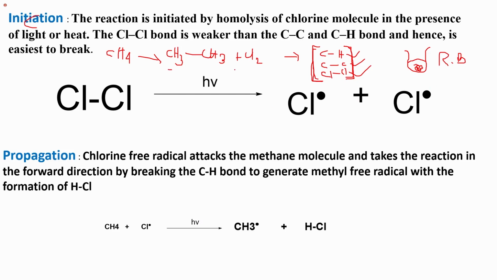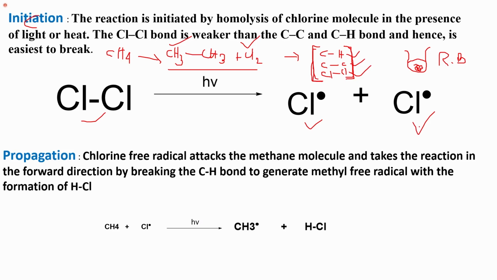Suppose you have an alkane and a Cl2 molecule, and you subject this substrate to photolytic condition. Under this condition, this bond will break easily and form Cl dot and another Cl dot. The moment the Cl dot forms, that is the main initiation part. In the initiation part, only the chlorine radical forms.